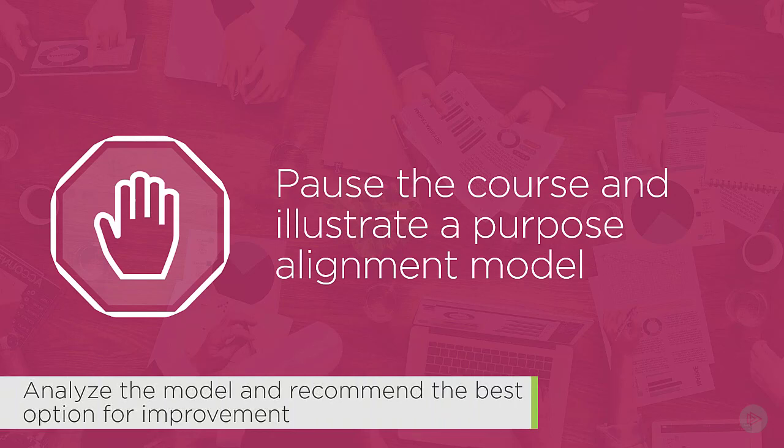Analyze the model you created and try to recommend the best option for improvement. Be careful. Purpose alignment model provides you with enough information to determine if you should consider something as a part of the strategy or not. Still, it doesn't help you in making decisions on which courses of action are correct ones. Once you're done, unpause the session.